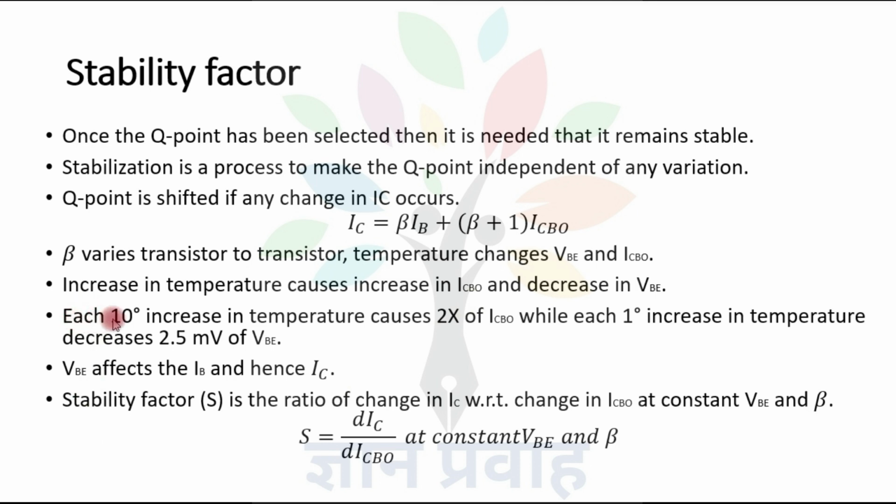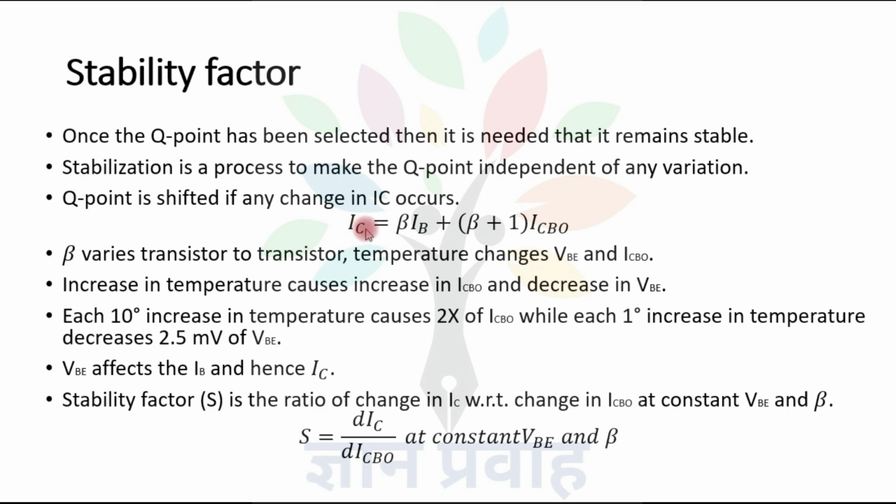Practically, a 10-degree increase in temperature causes ICBO to double, while each 1-degree increase in temperature decreases VBE by 2.5 millivolts. If any changes occur in beta, IB and ICBO, then it totally changes the IC current, that is, the output current.